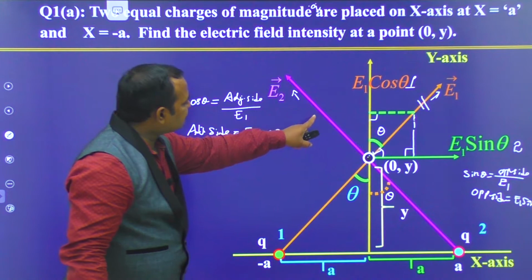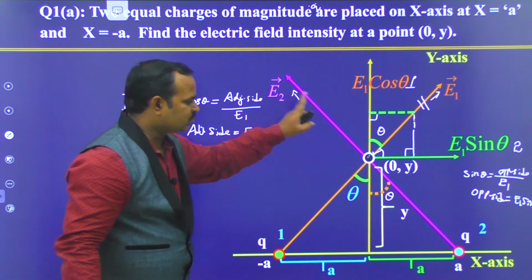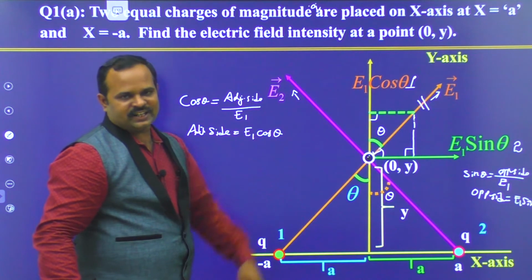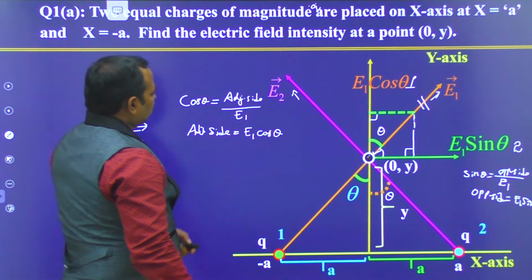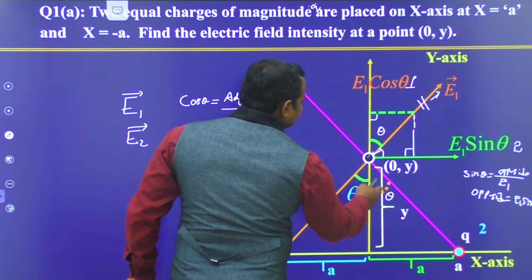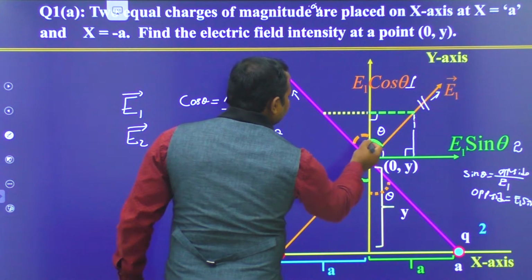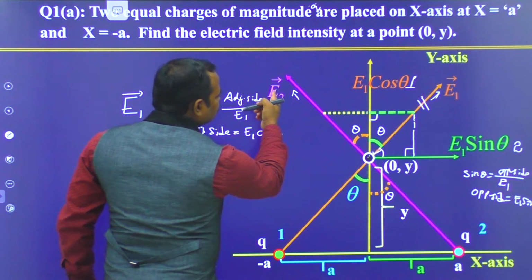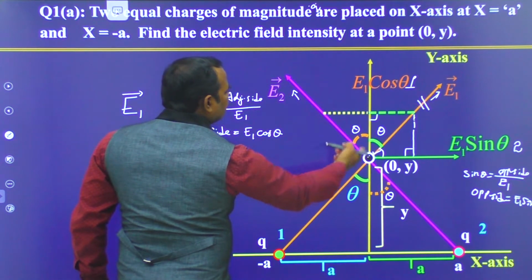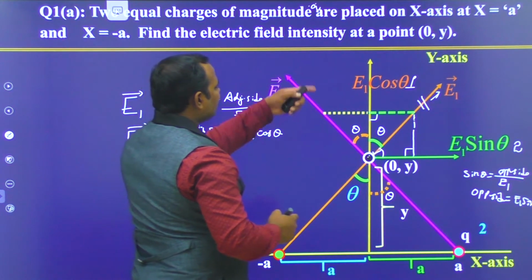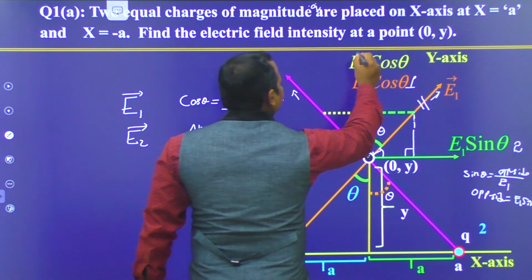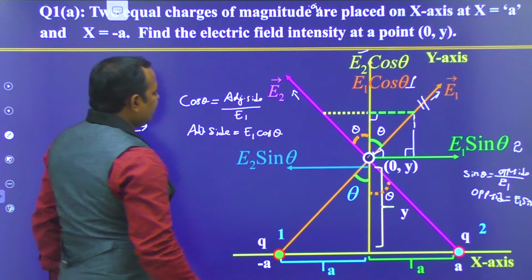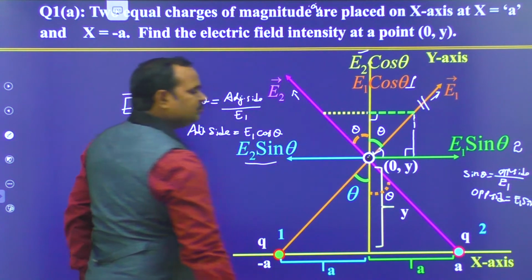Similarly, we can also resolve this E2 electric field, which is produced by charge 2 at this point, in both x and y directions. If this is theta here, this will also be theta here. Now if you resolve this E2 into horizontal and vertical components, the vertical component will be E2 cos theta and the horizontal component will be E2 sin theta.